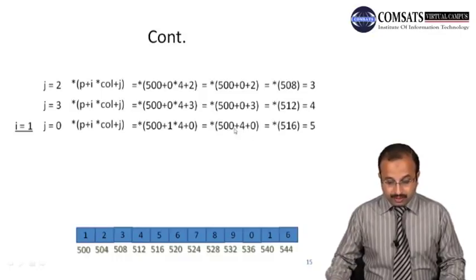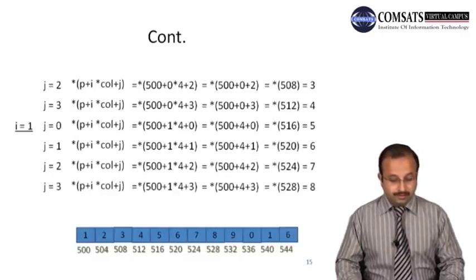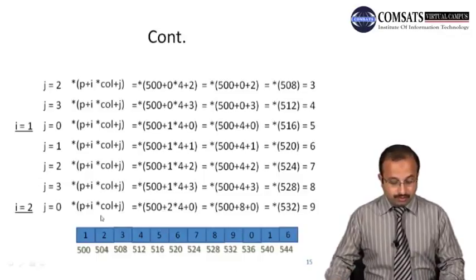Now you see, this is the address of this element, that is the second one-dimensional array. So this is the second row. When I is 1, printing of the second row will start, and when I is 2, printing of the third row will start. Right? You can solve them by yourself.